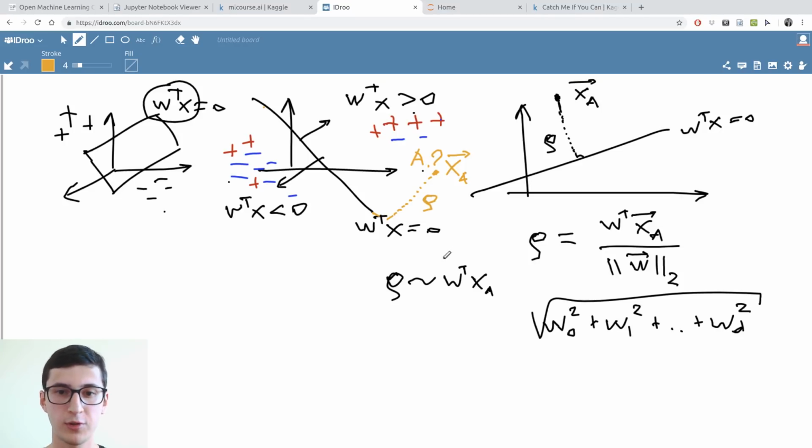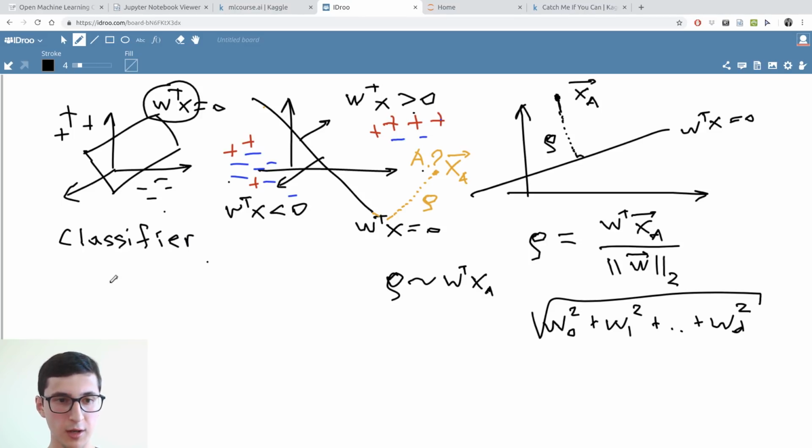So it's going to be proportional to W transposed xa, and then we are interested whether this distance is positive or negative. So actually our classification will be done by taking a look at the sign of this distance. So typically the answer of a classifier, so we'll have a classifier, and for any vector x, it's going to return some answer. So typically it's denoted by a for answer, and an answer or a prediction for some point xa.